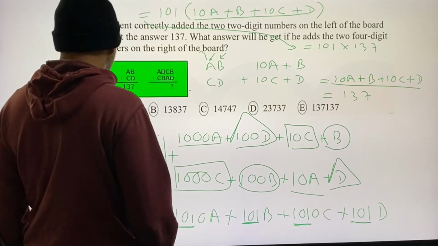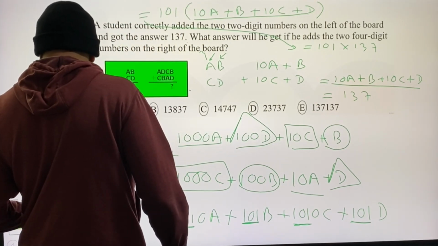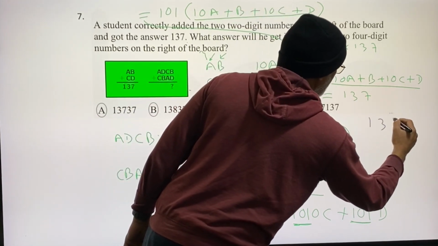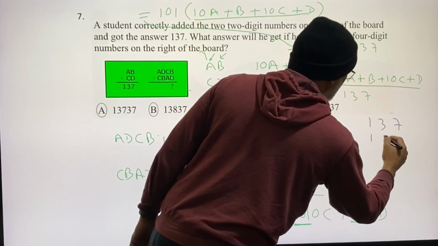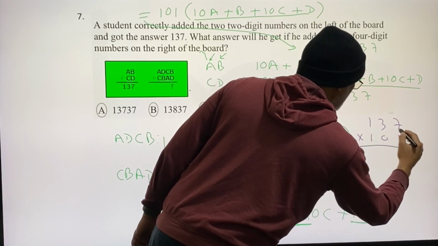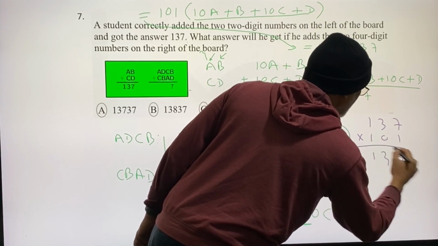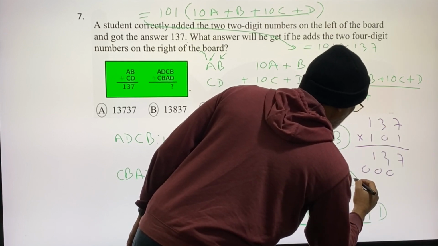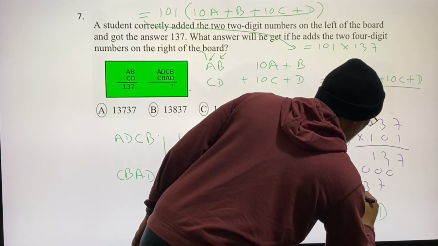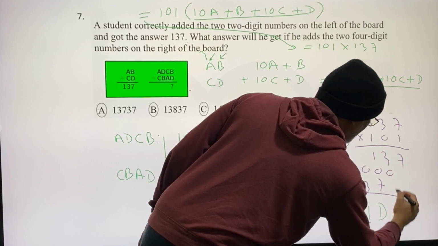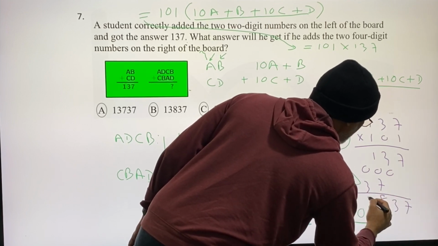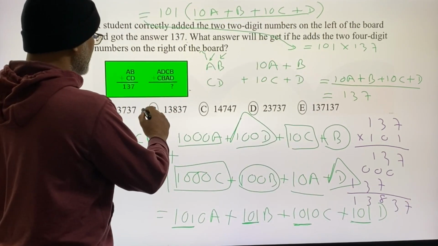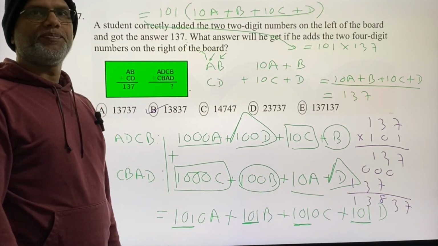If I do 137 times 101, this is going to be 137, then 0, 0, 0, and then 137. This will add up to 7, 3, 8, 3, 1. Right? 13837. We get the same answer.